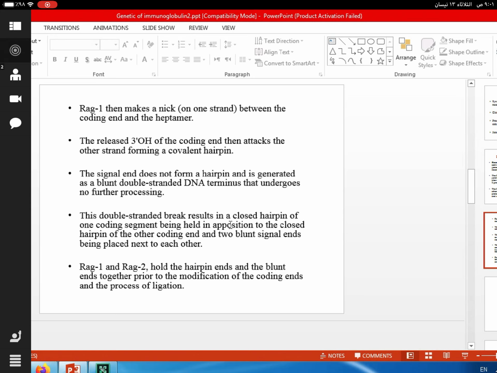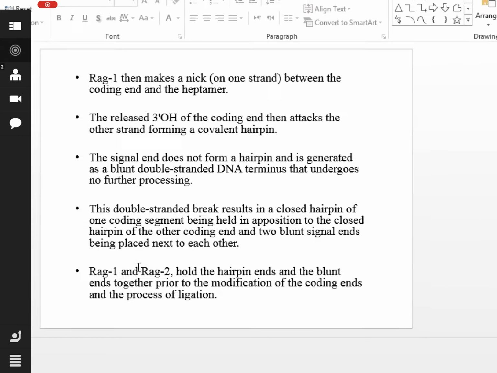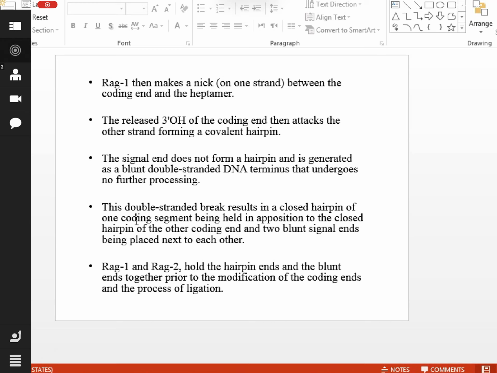This double-strand break results in the closed hairpin of one coding segment being held in opposition to the closed hairpin of the other coding end and two blunt signal ends being placed next to each other. RAG1 and RAG2 hold the hairpin end and the blunt end together prior to the modification of the coding ends and the process of ligation.